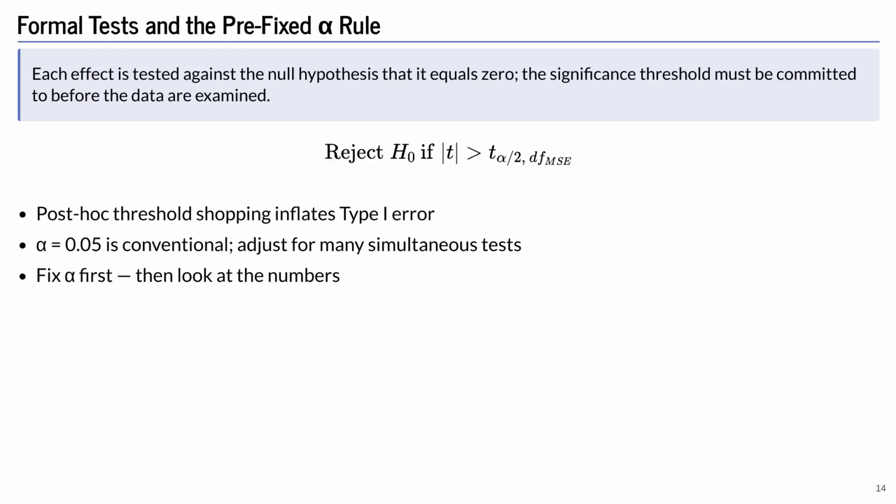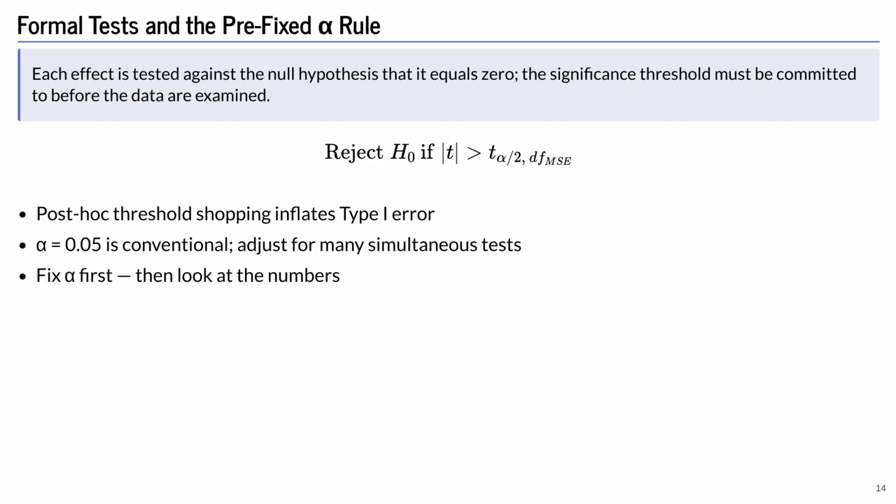Before we look at the formal decisions, I want to be precise about the testing protocol, because this is where practitioners most often go wrong. We are running 7 simultaneous hypothesis tests, one for each effect. Each test asks, is this effect distinguishable from 0? We reject the null when the absolute value of the t-statistic exceeds the critical value, which is the t at alpha over 2, with the MSE degrees of freedom.